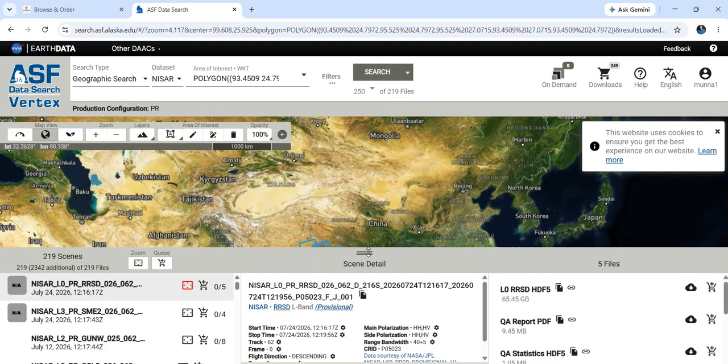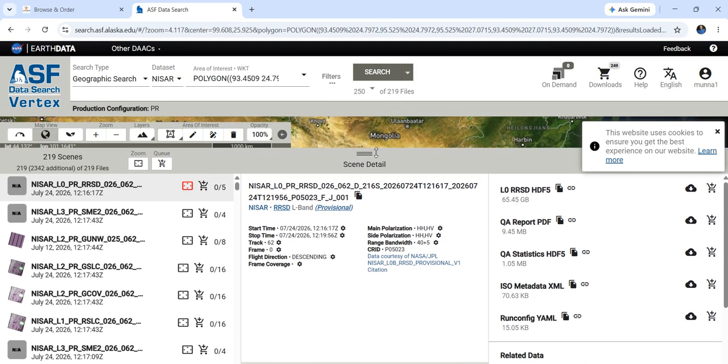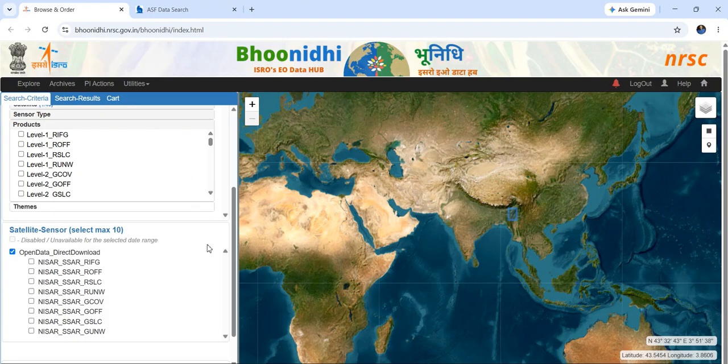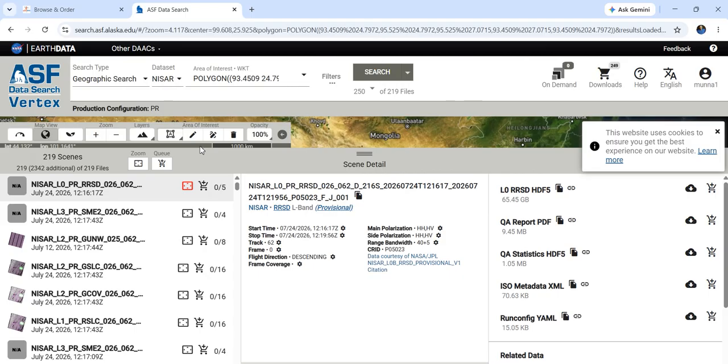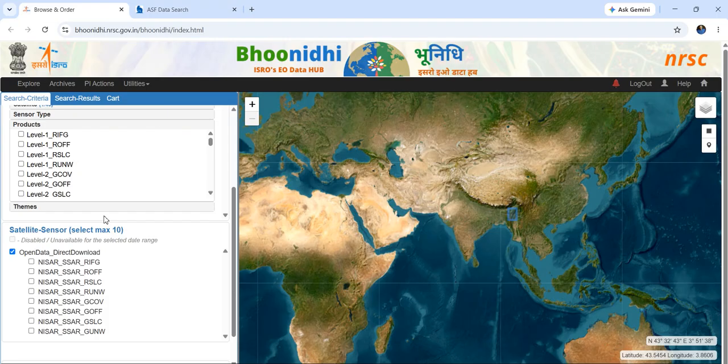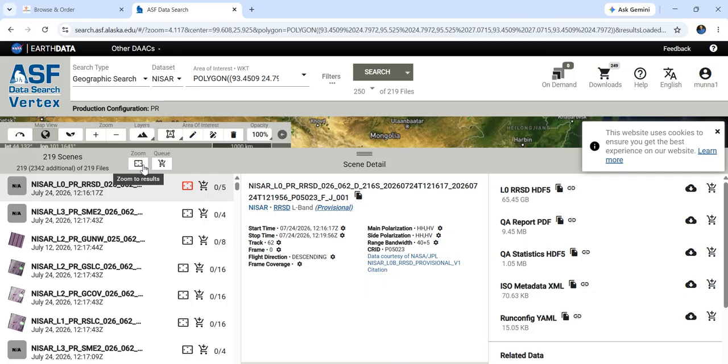Here I can see some more products like RRSD, which you don't see here, and SME2, which you don't see here. So both the websites are giving you the data. Whatever your application is, you can download those data sets.